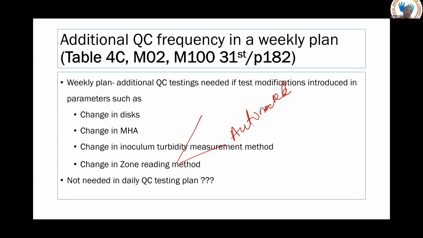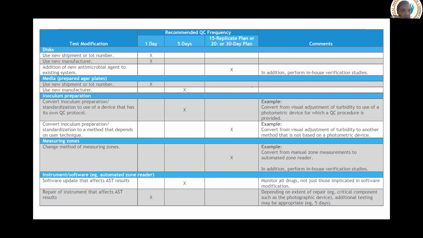Biorad is a company which has an automated zone reader. So like from manual zone reading you want to change to automated zone reading, again you have to perform additional QC testing. So this is the exhaustive list of CLSI M100 where additional QC testing is required.